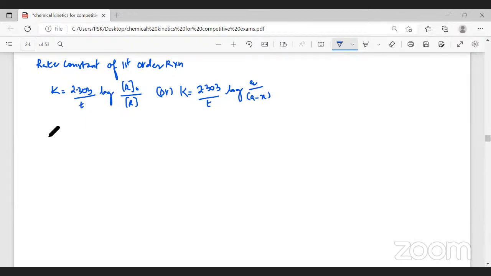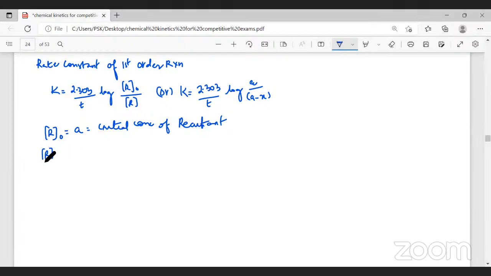Both ways. What is this R naught? R naught is nothing but A, the initial concentration of the reactant. When we say initial concentration, it is the concentration of the reactant at time t is equal to 0. No reaction has taken place. At time t equal to 0, we call it the initial concentration.